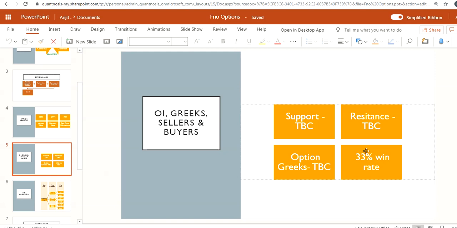That is why option selling is done by much more professional or bigger traders. So that's how the role of option buying and selling changes.